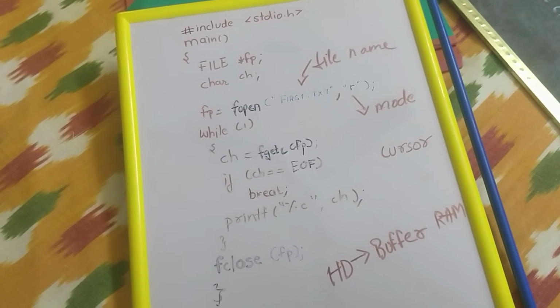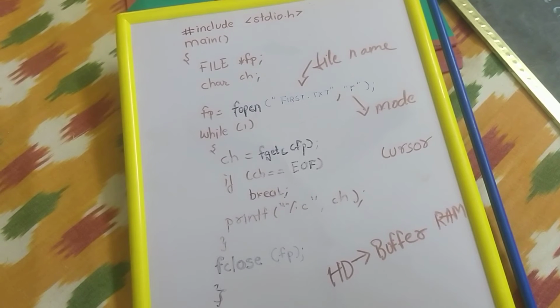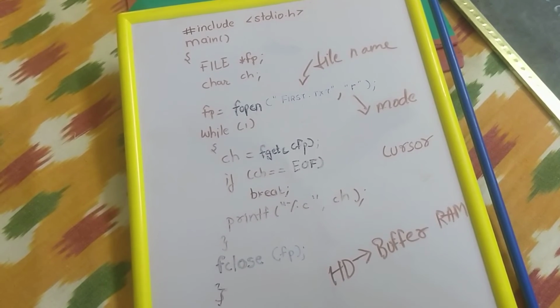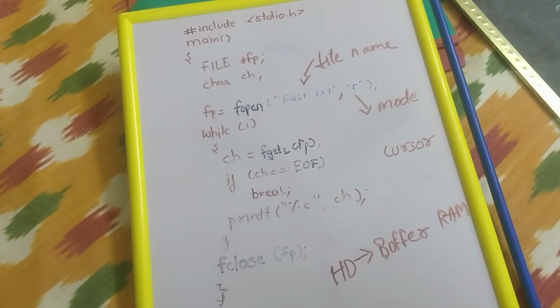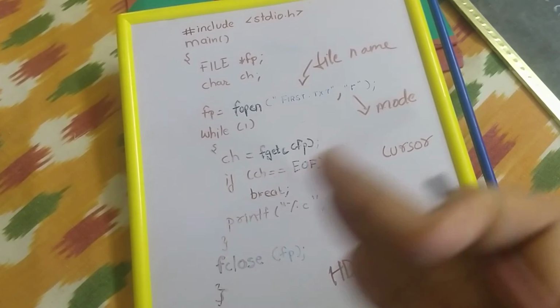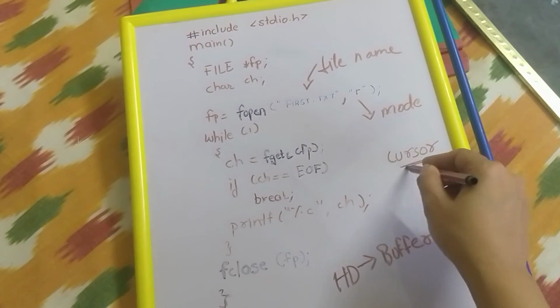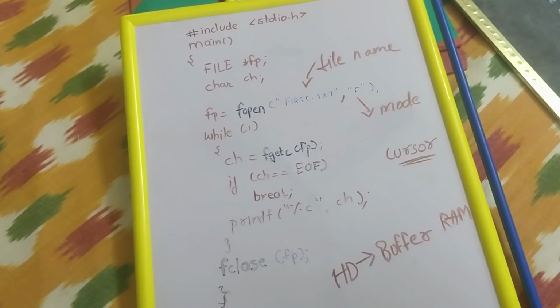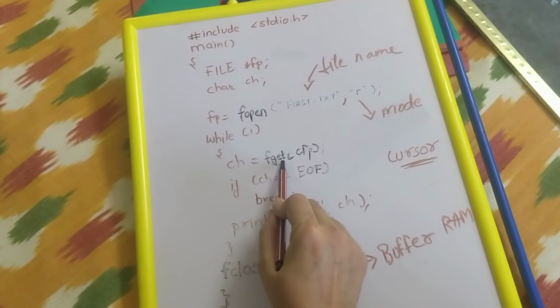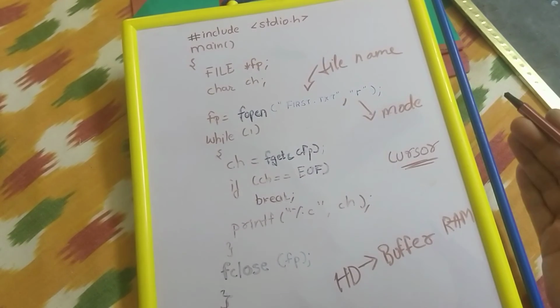So you do not have to increment the pointers here. The pointer is just to figure out where the file is. Moving from one character to another is automatically handled by the cursor position.